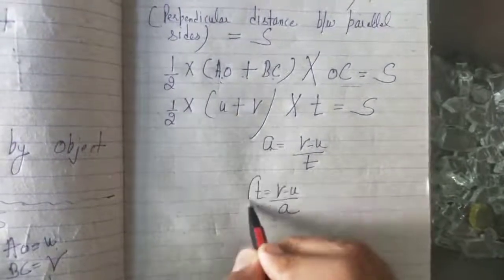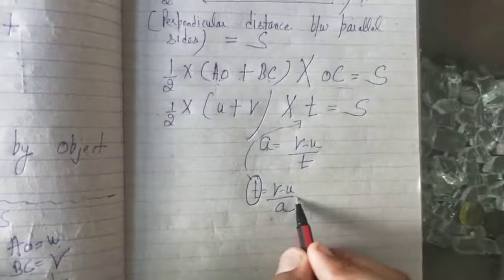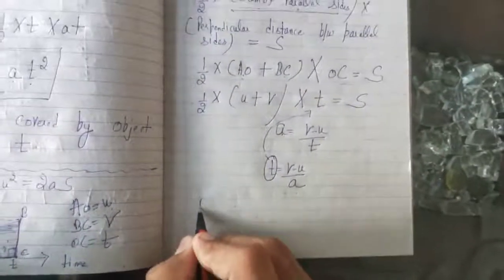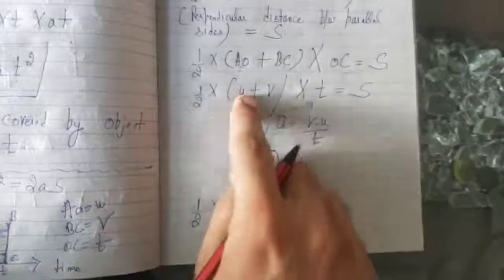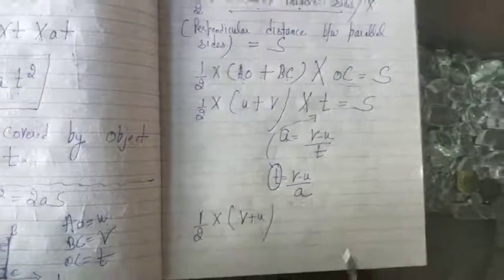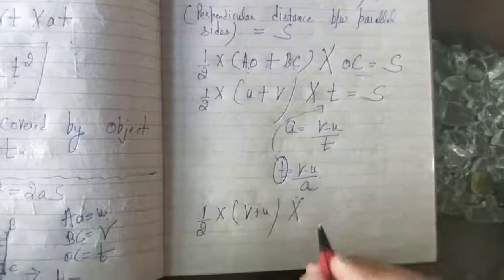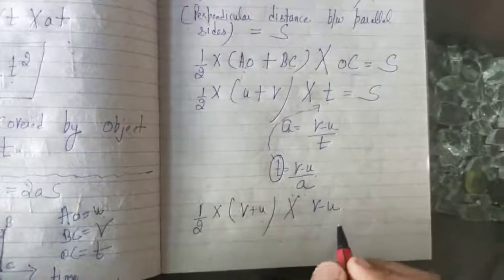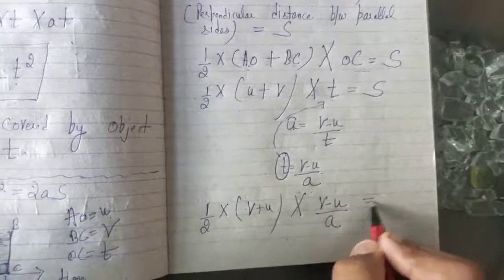So in place of T we can write V minus U upon A. So this is half into, U plus V or V plus U? You can write anything, V plus U into T. Now we will not write the T, we will write the value of T. What is the value of T? V minus U upon acceleration is equal to S.